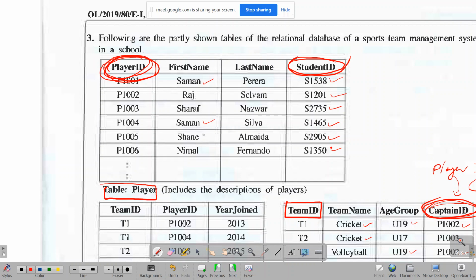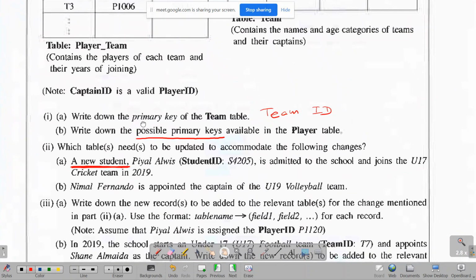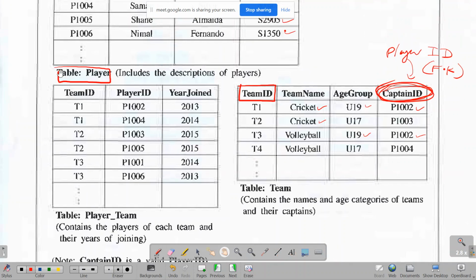Right, and what else do we have? They said he's admitted to the school and joined the under 17 cricket team in 2019. So that means he should have details in the player underscore team table, right?